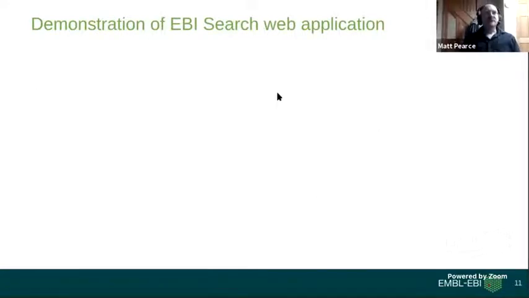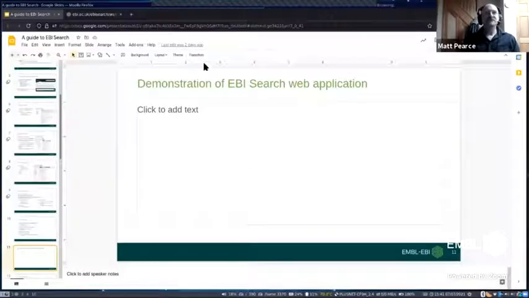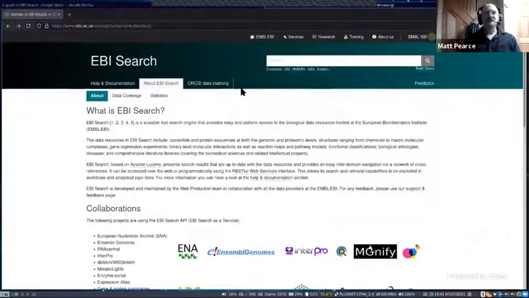We'll just move to a quick demonstration of the EBI Search API, or the EBI Search web application, rather. I switch to my other window here. This is the main EBI search page.